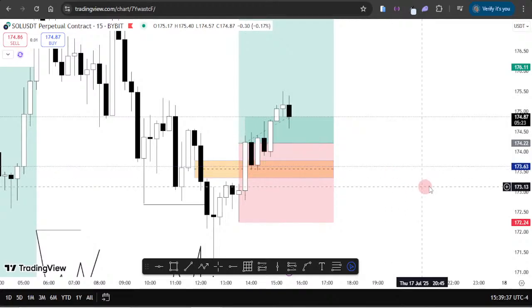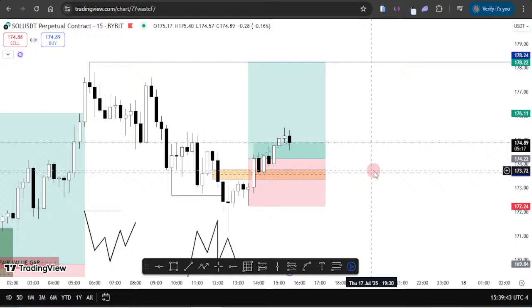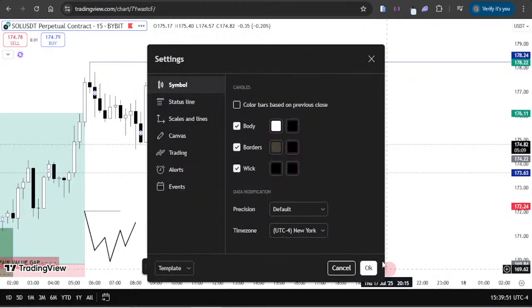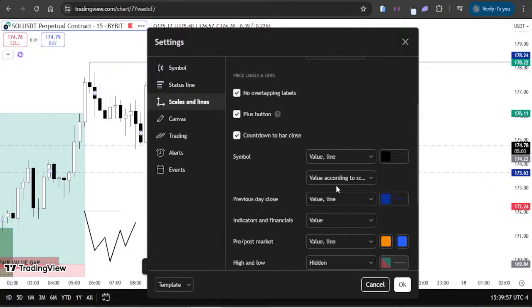Strong magnet. It is a strong level on your chart. If you want to activate it on your TradingView, go to your chart settings under the scales and lines, scroll down, and you will see the previous day close.